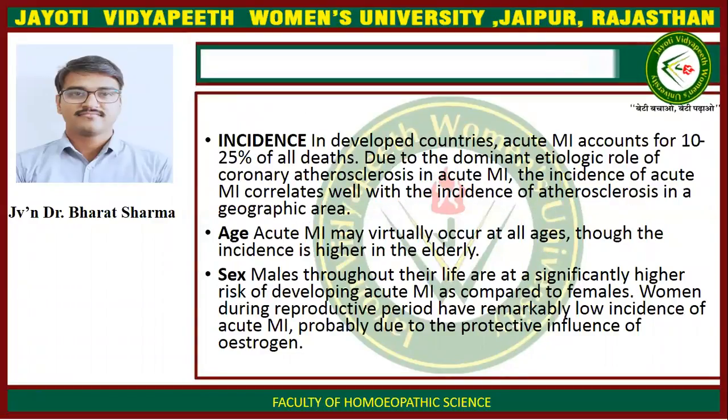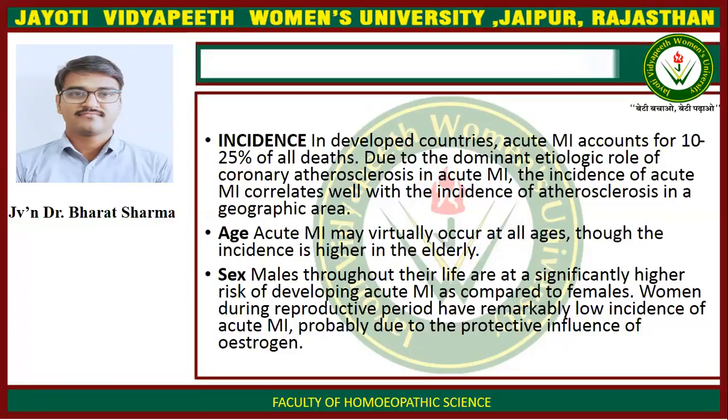Incidence. In developed countries, acute myocardial infarction accounts for 10 to 25% of all deaths due to the dominant etiologic role of coronary atherosclerosis in acute myocardial infarction. The incidence of acute myocardial infarction correlates well with the incidence of atherosclerosis in a geographic area. Age.